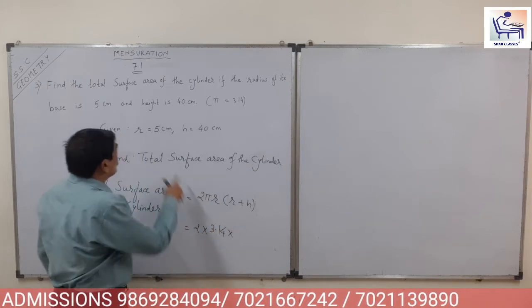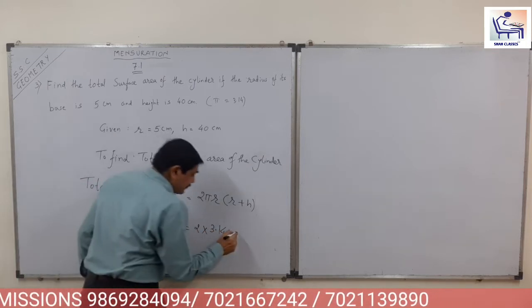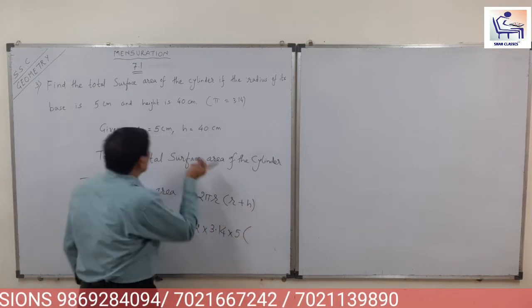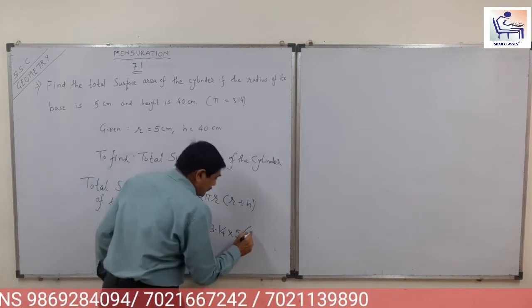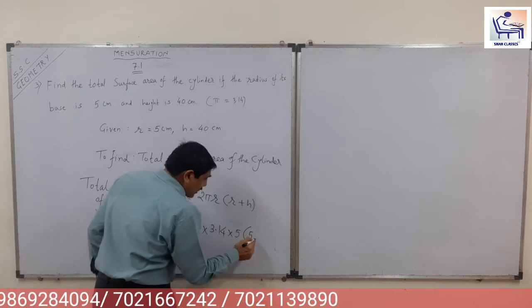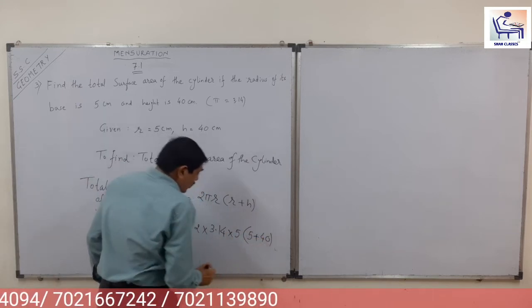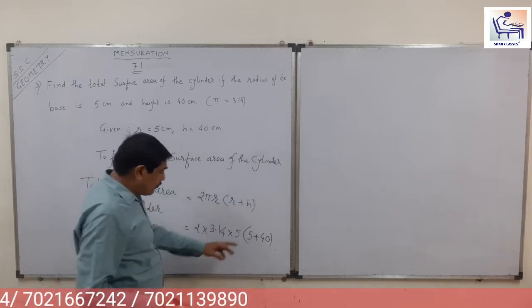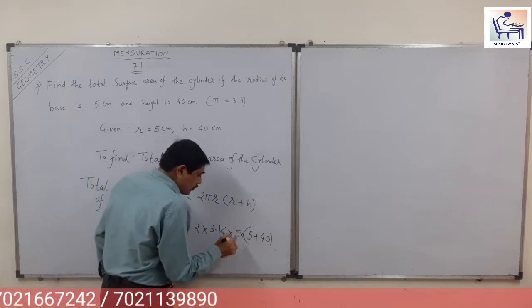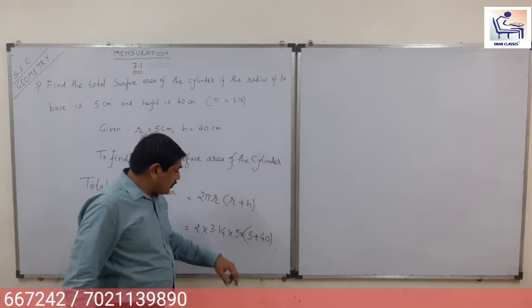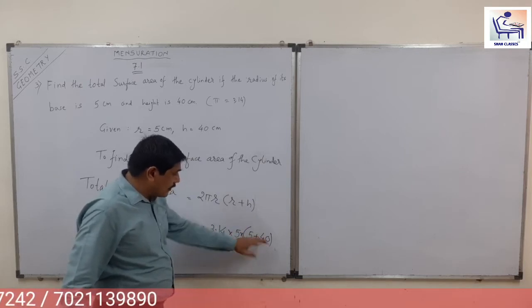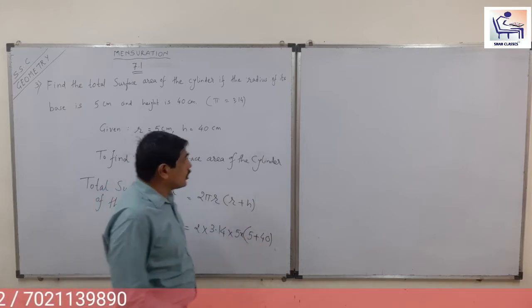What is the radius? Radius is given as 5. This is in a bracket and height is 40. So, through BODMAS rule, first of all, you solve this bracket first.